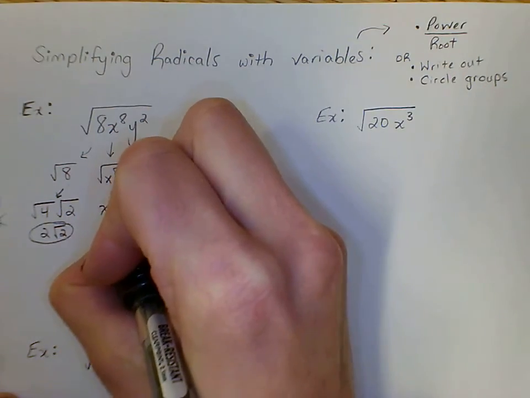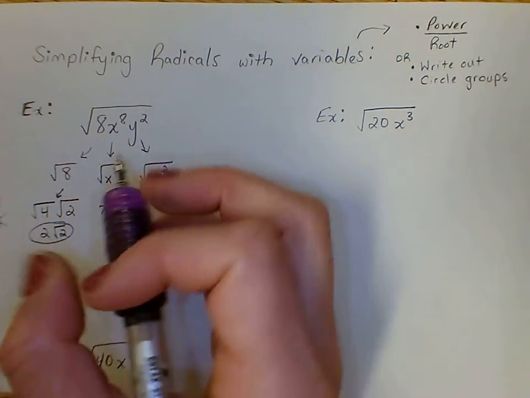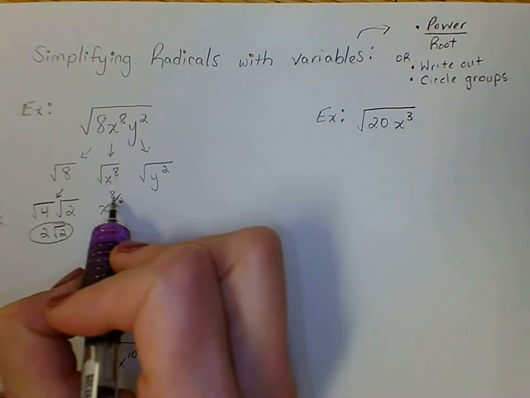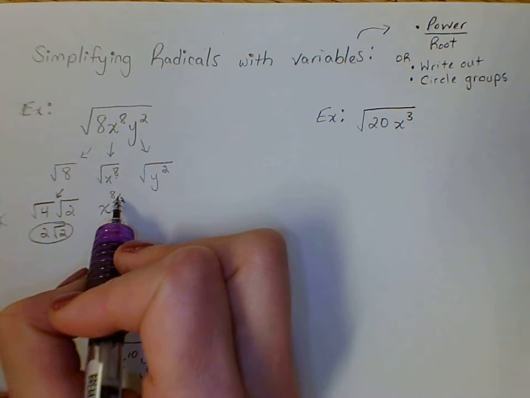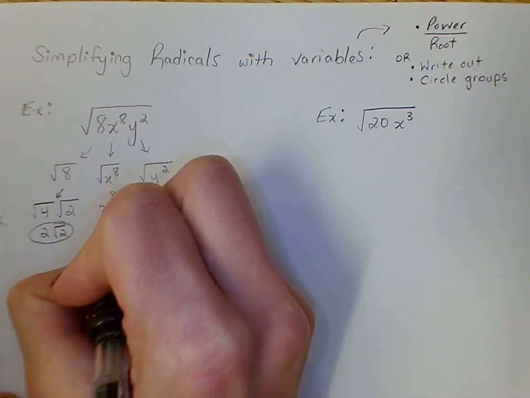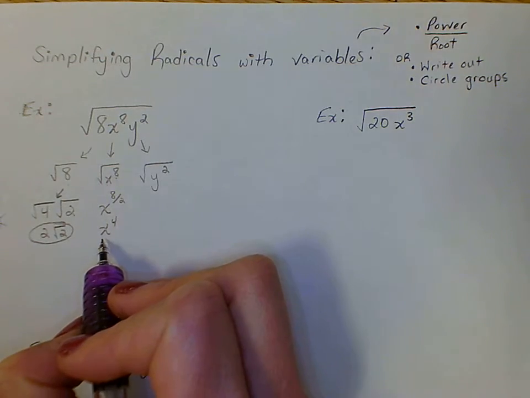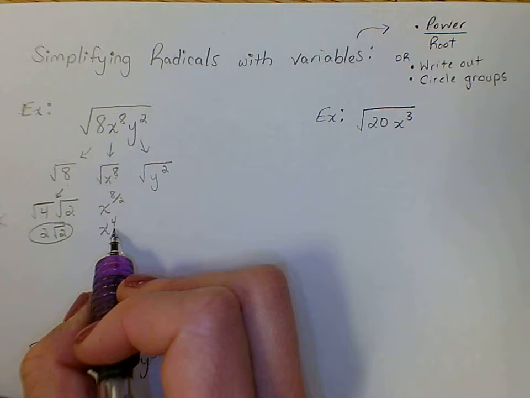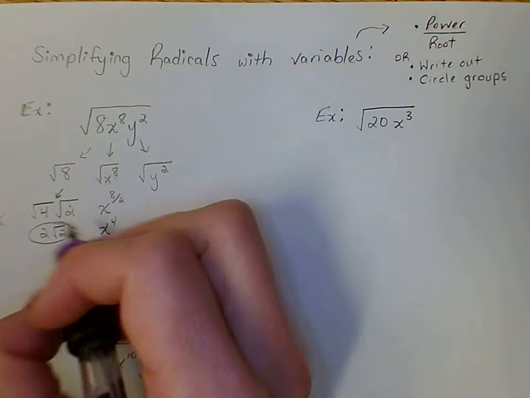A square root is associated with the number 2, so I divide them. What is 8 divided by 2? Well, 8 divided by 2 gives me 4. And so the answer I'd get when I take the square root of x to the 8th would be x to the 4th. Okay?